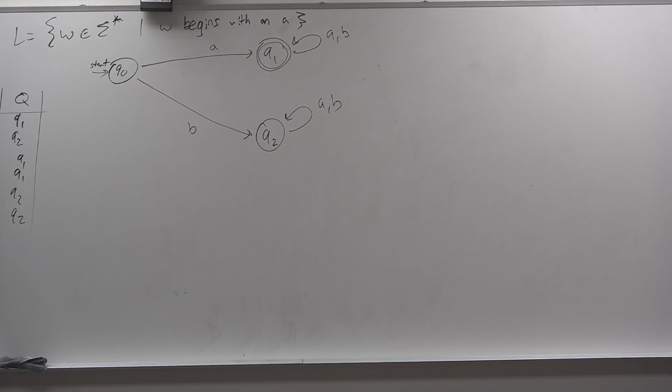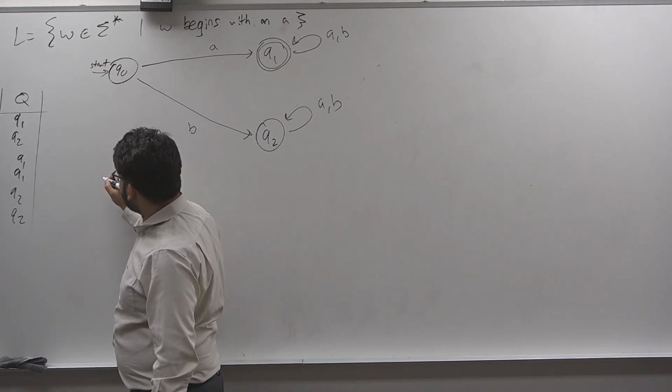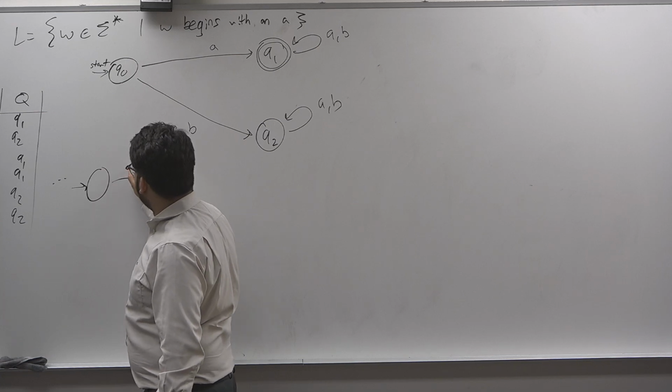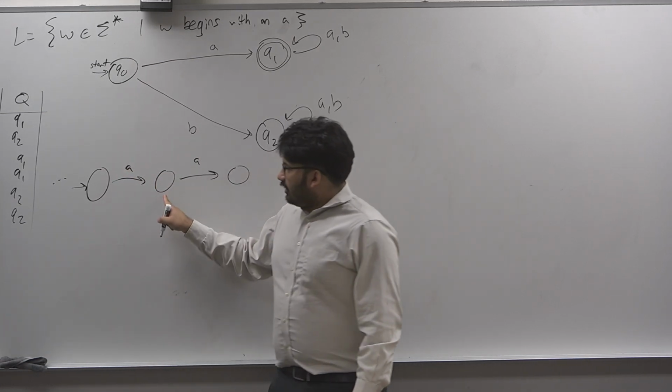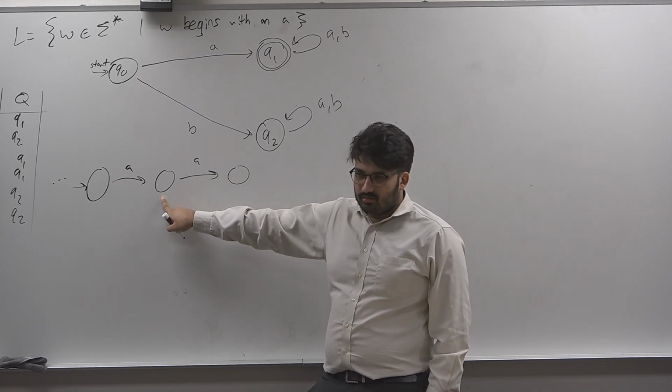And so there's an analogy you could make, where every state has some kind of meaning, right? For example, let's say you have some structure that looks like this. If you're in this state, you know that you just saw an A, right?